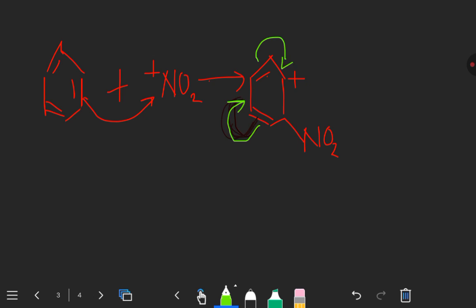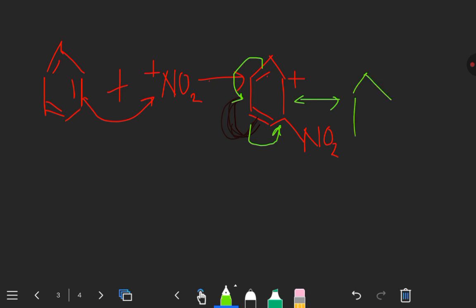Hence, the charge there will shift to a different point. Or we can do this. Let's do this. We shift this double bond to this point. Then this double bond comes at this point, making this charge shift there. So we can perform resonance. We use these arrows for resonance.